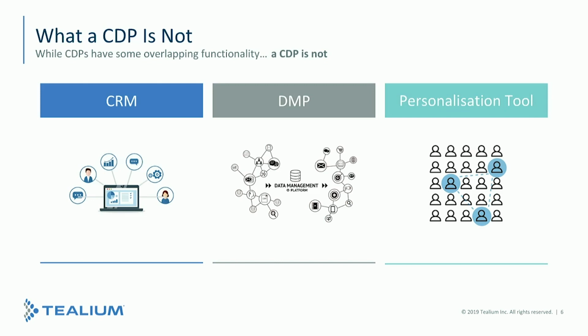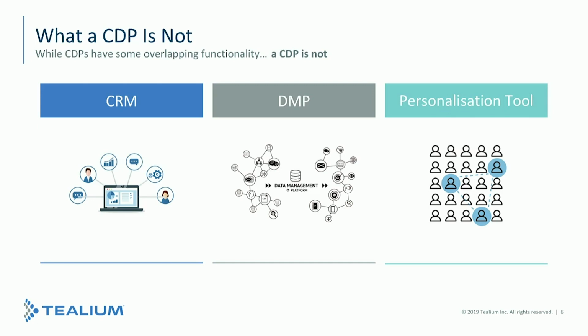I find when looking at new technologies and trying to understand where a technology fits, it helps to look at the legacy. Where did this technology come from? What was it built to solve? That helps me understand the sort of things that will be really good to use it for in my business. So let's start with CRM.